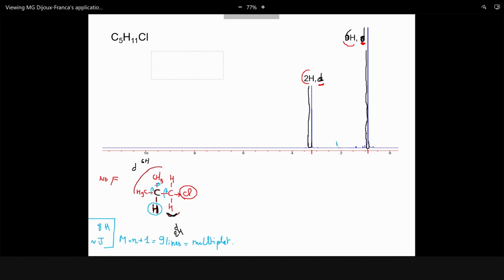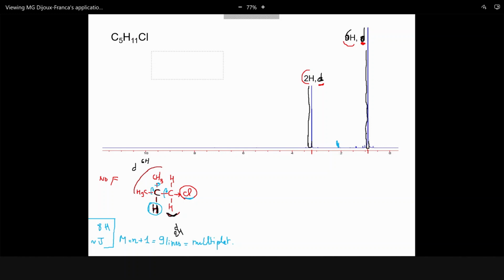It will be between both. I don't know exactly where, but what we have to consider is the distance between the blue protons and the chlorine atom. The closest group to the chlorine is the CH2, so it's strongly deshielded by the influence of the chlorine.